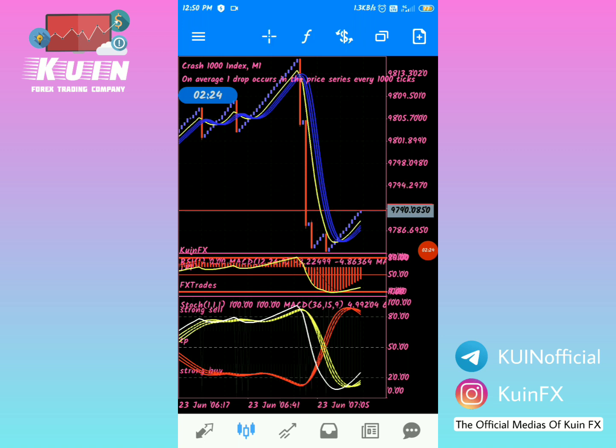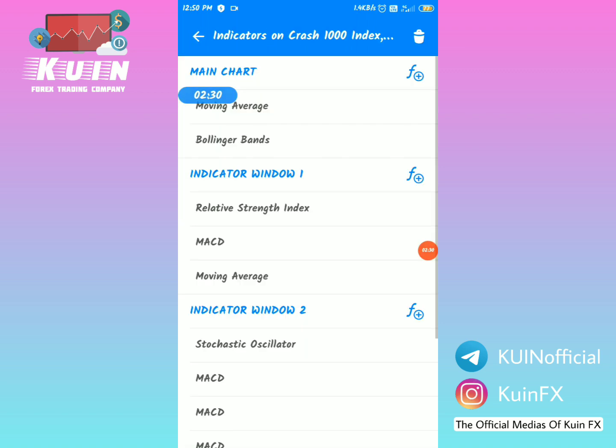Okay, next we go to indicator Window 1. In indicator Window 1 we have three indicators. First one is relative strength index, second one is MACD, and third one is moving average.